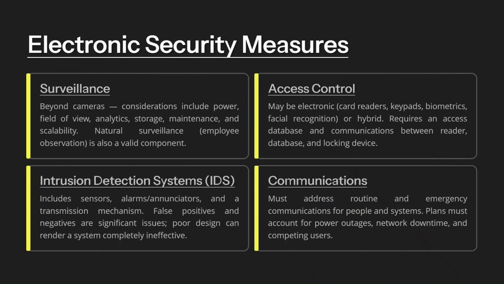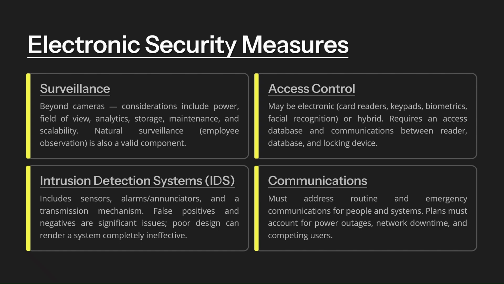efficiency. Moving beyond physical structures, electronic security measures add intelligence and responsiveness to the system. Surveillance systems, such as CCTV, enable continuous monitoring and support detection, assessment, and evidence collection. Access control systems, including card readers, biometrics, and keypads, ensure that only authorized individuals can enter specific areas.